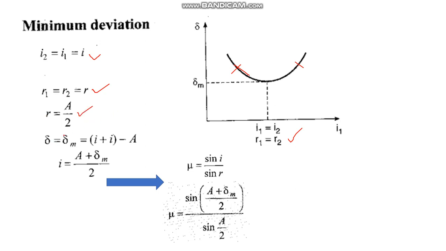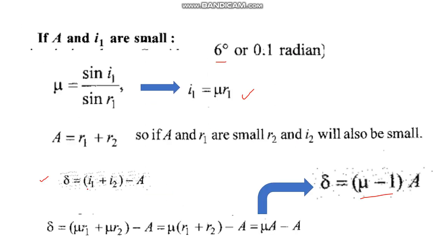So the equation we have derived, delta becomes delta M, which is the minimum deviation, that is I plus I. Why it is I plus I: this is the formula, I1 plus I2.